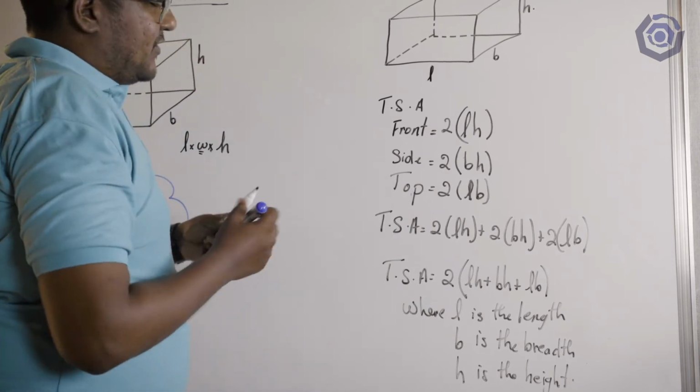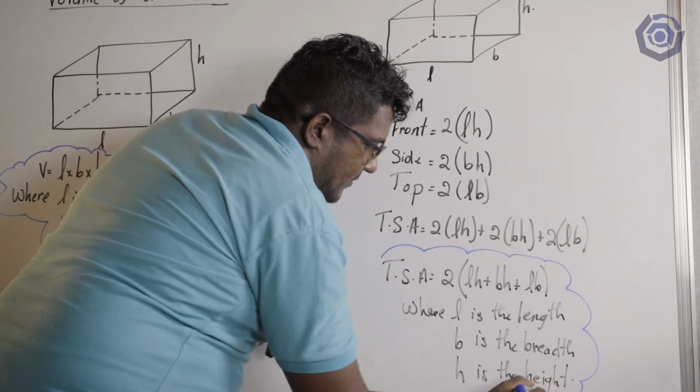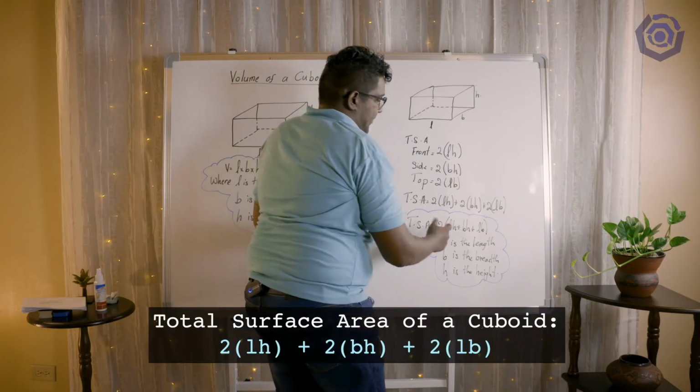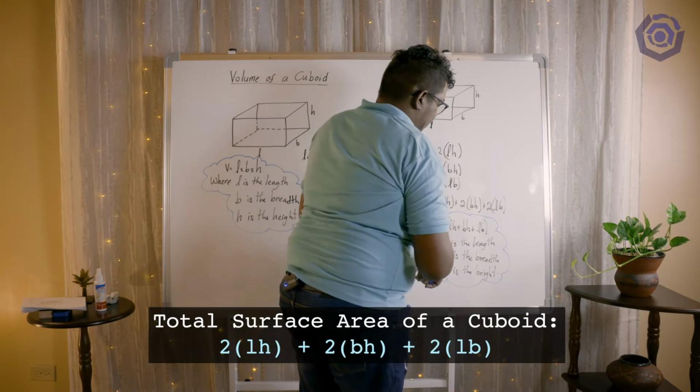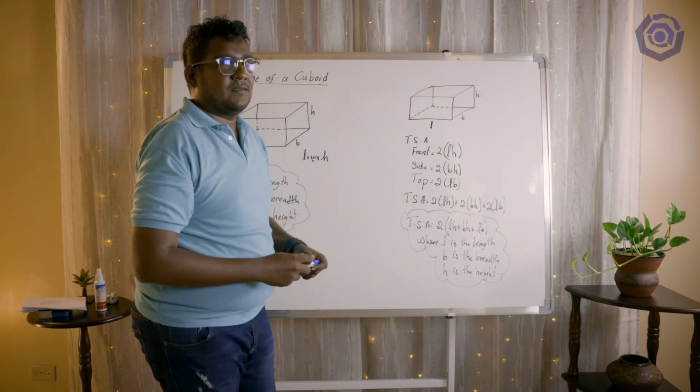So our formula for total surface area would be this: 2 into LH plus BH plus LB, where L is the length, B is the breadth, and H is the height.